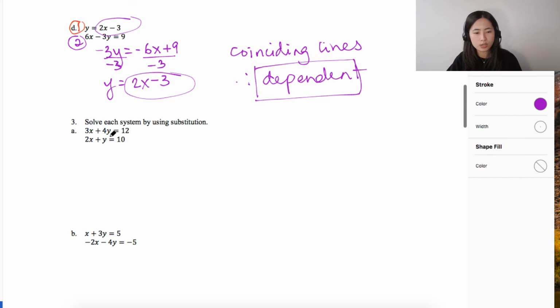As you can see, for the second equation, this is not 4y, this is just simply y. It doesn't have any coefficient, it's just a variable. So that means you can just isolate y.